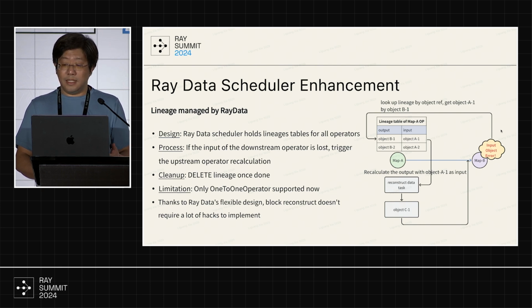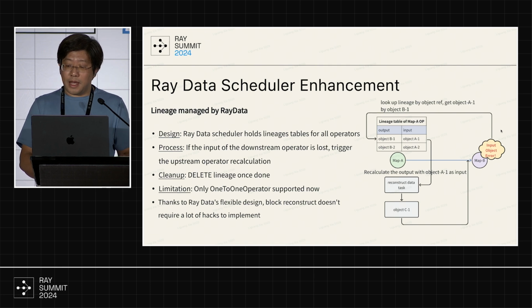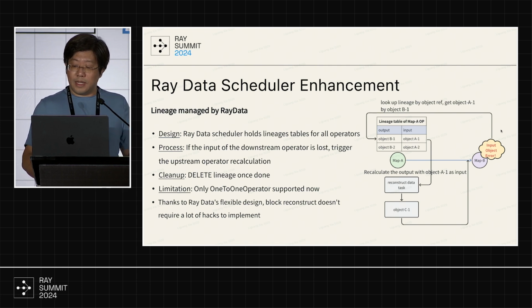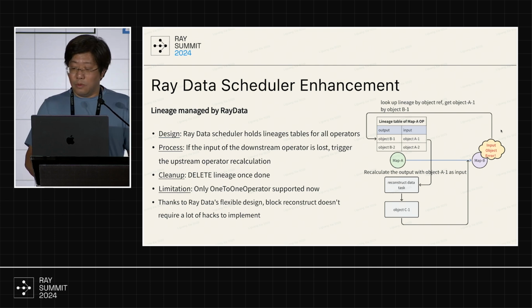This allows easy lookup of the input data from the output data. When the actor pool of the downstream operator, in this case map B, encounters an object loss error, it will immediately indicate that the upstream output, from map A, has been lost. The Ray Data scheduler will then use the linkage table to find the input and recompute the output.